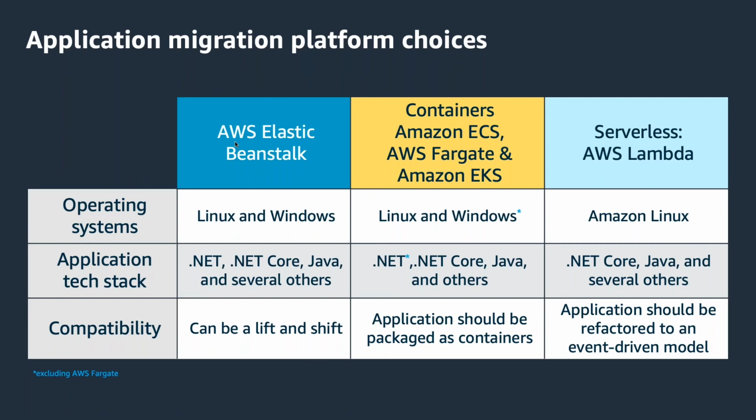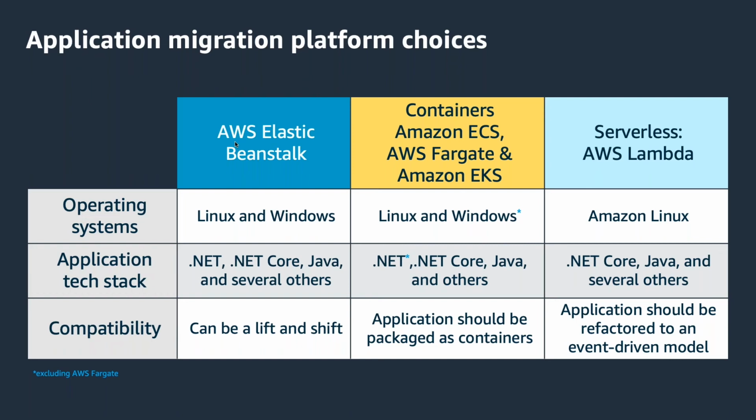If you're looking to containerize your existing applications when moving into the cloud, then there are services like ECS, Fargate, and EKS. We've been talking about Kubernetes and other services throughout the day here, and those are other platform choices for running your workloads on AWS.